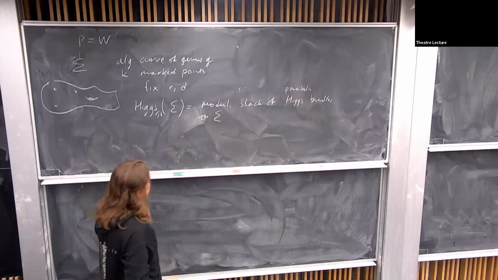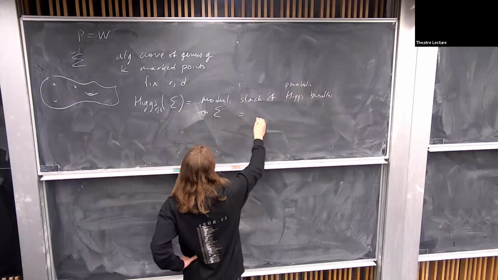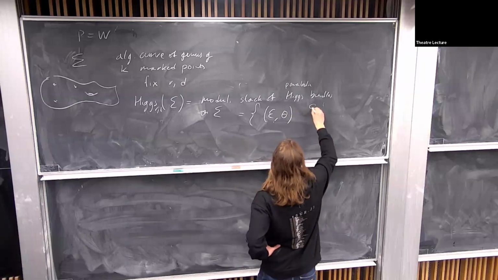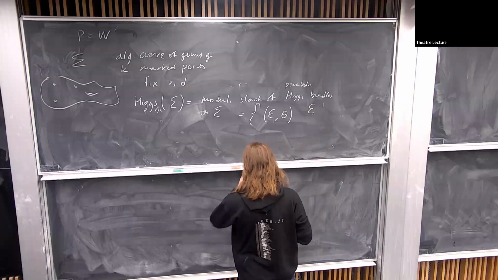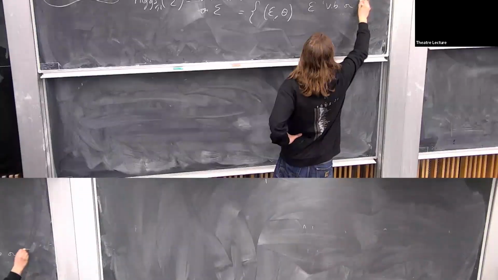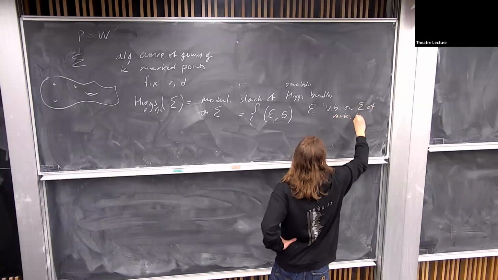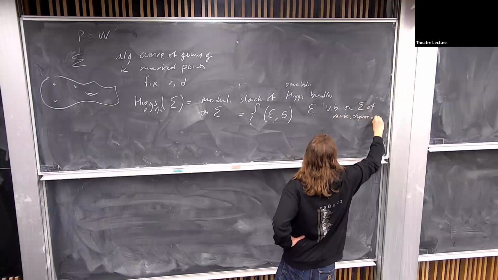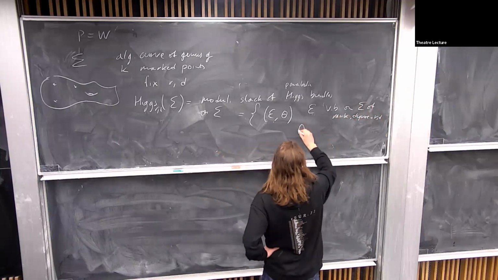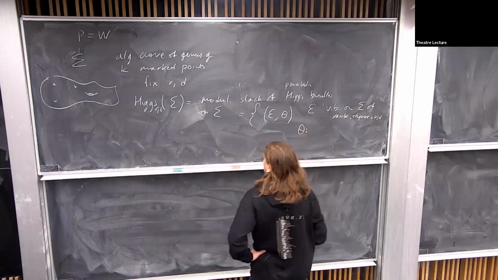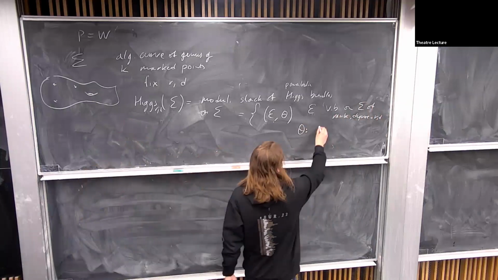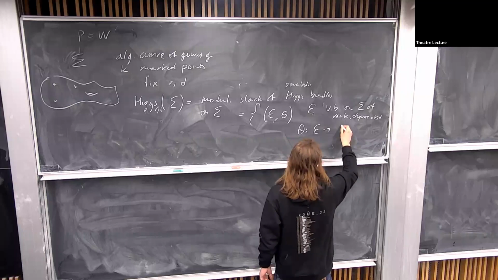So, what is this? This is collections of E and theta, where E is a vector bundle on sigma of rank and degree R, D, and theta is, in the simplest situation with no marked points, what you usually have.